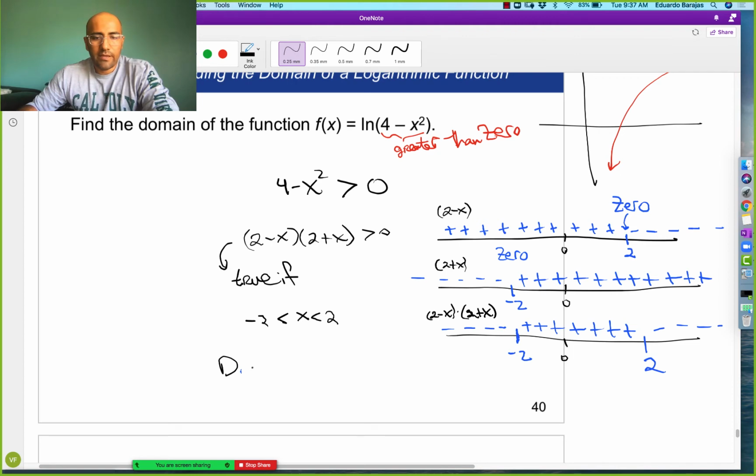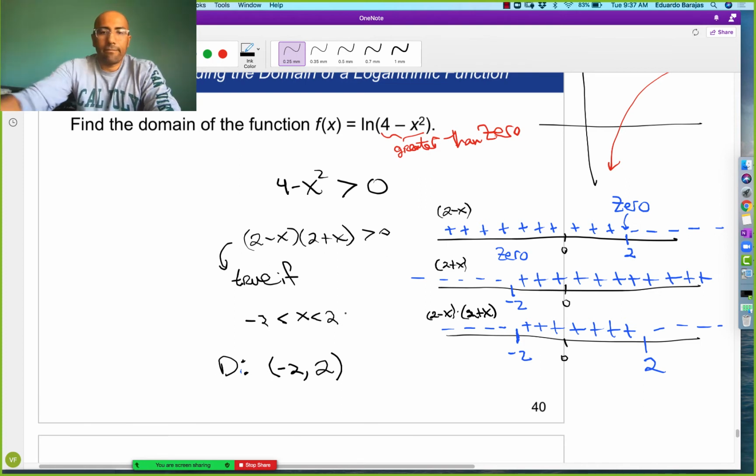Right, so that's our domain. We can also write it as (-2, +2). Any questions?